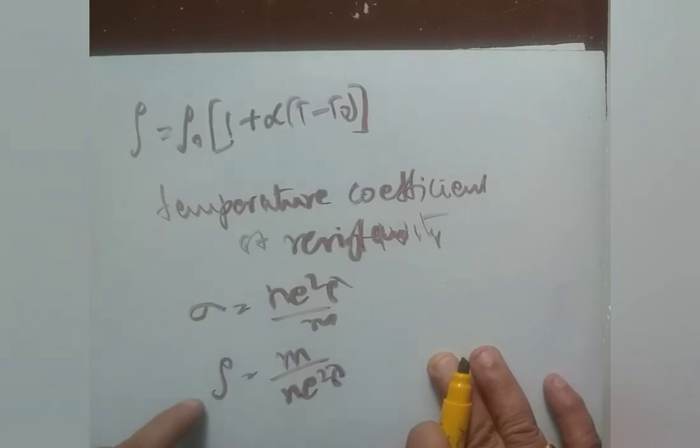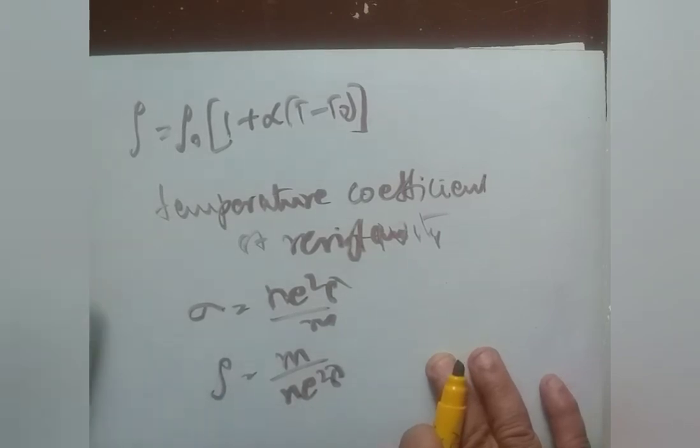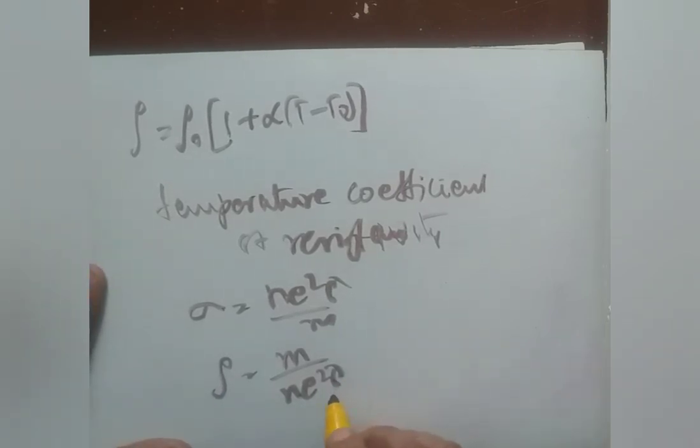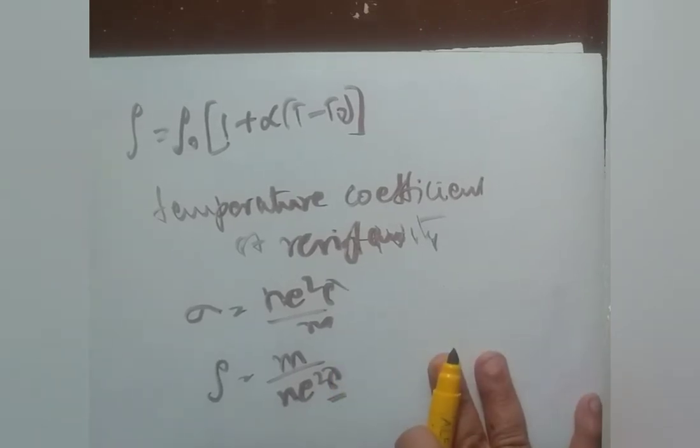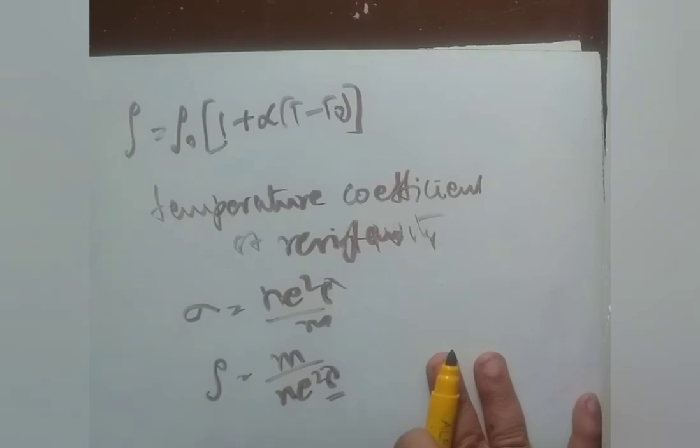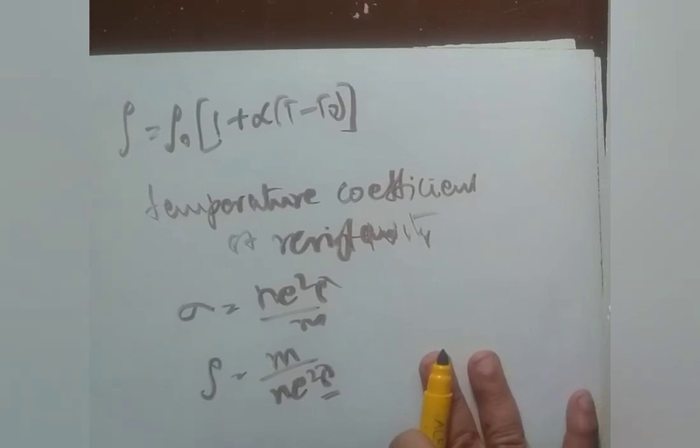Because of that, resistivity increases. That means resistivity of metallic conductors in which free electrons are charge carriers increases as temperature increases, as the relaxation time decreases. Now we go for typical curves of resistivity variation with respect to temperature.